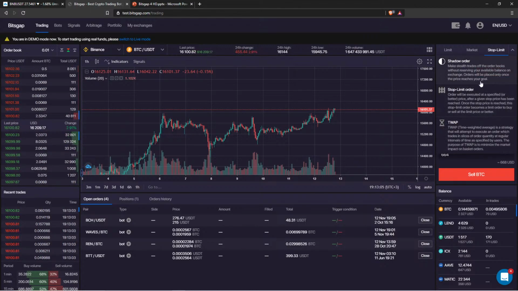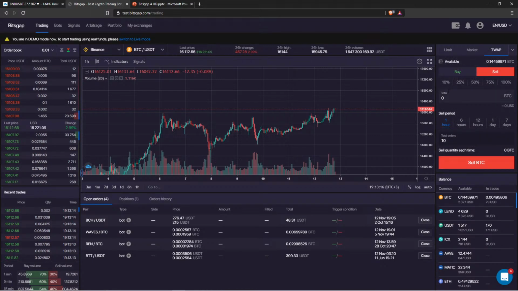And the new thing here that I want to explain to you today is the TVAP instrument, which is a very interesting one, because imagine that you have a cryptocurrency with relatively small, insignificant liquidity on the market.